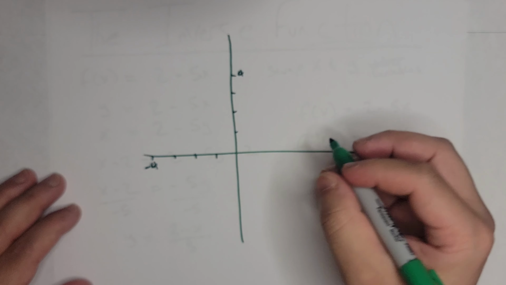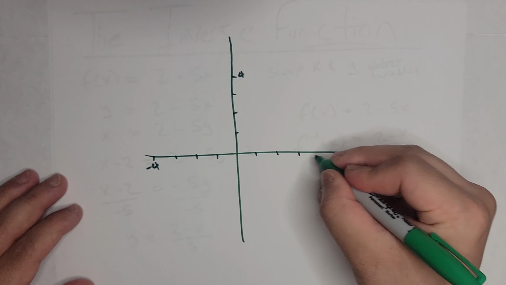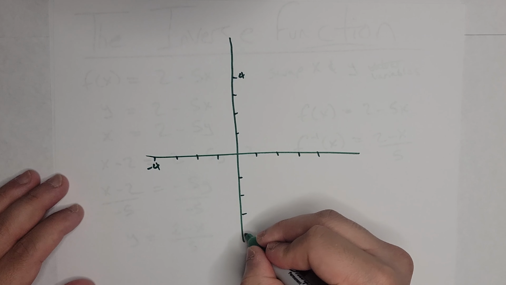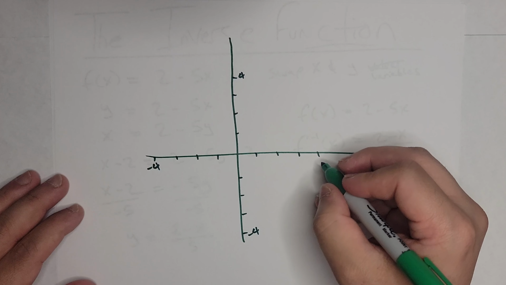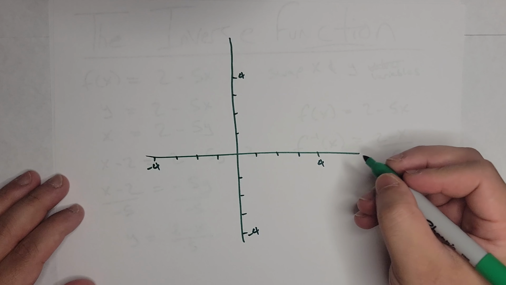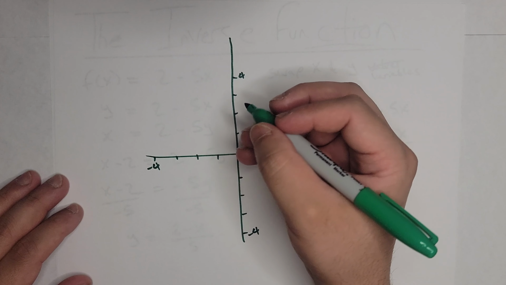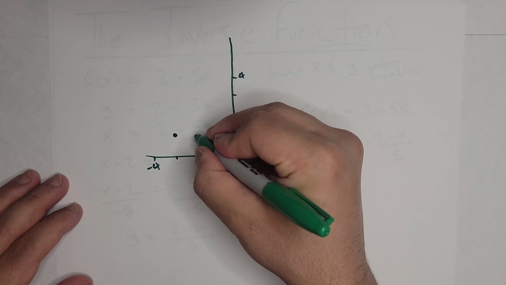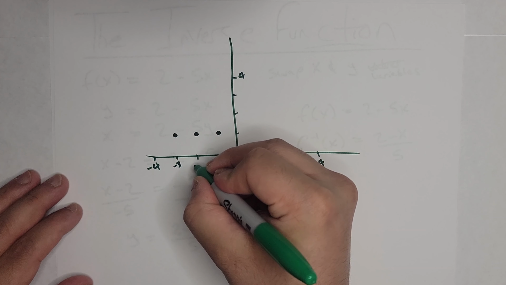That's positive 4. Same on the other axis. So let's plot some points. Let's say we have a point here, here, here.